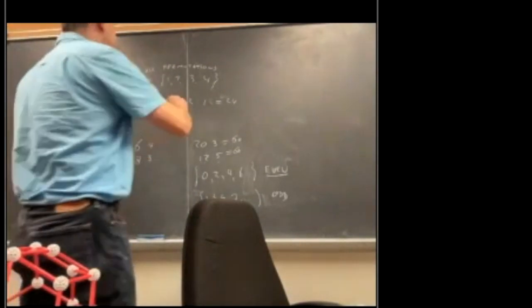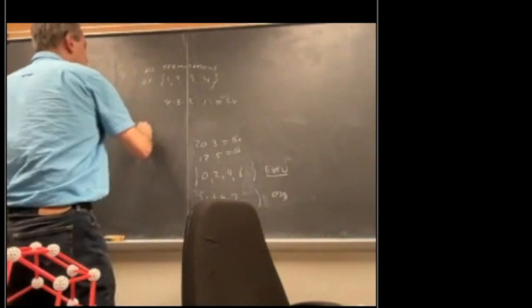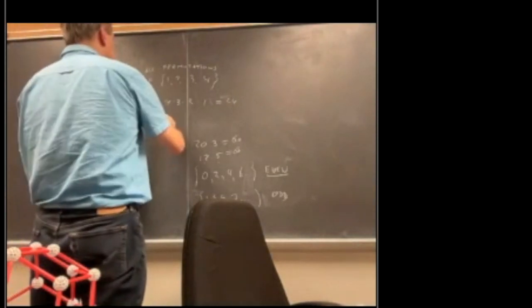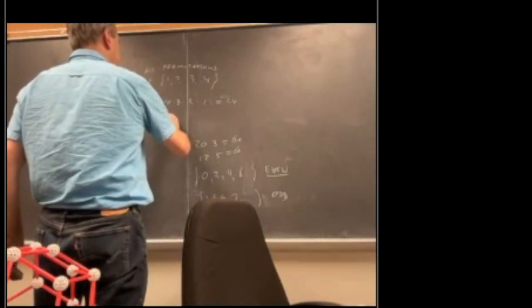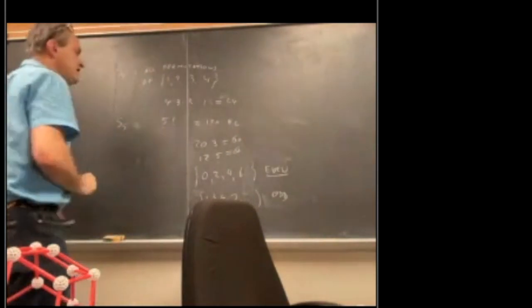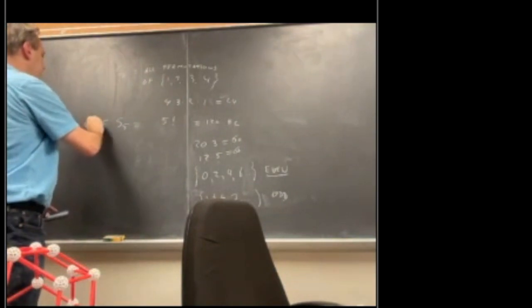And then the next natural group to look at is S5, which is all permutations of 1, 2, 3, 4, 5. Now this has 5 factorial equals 120 elements. But this group has a well-known subgroup denoted A5.